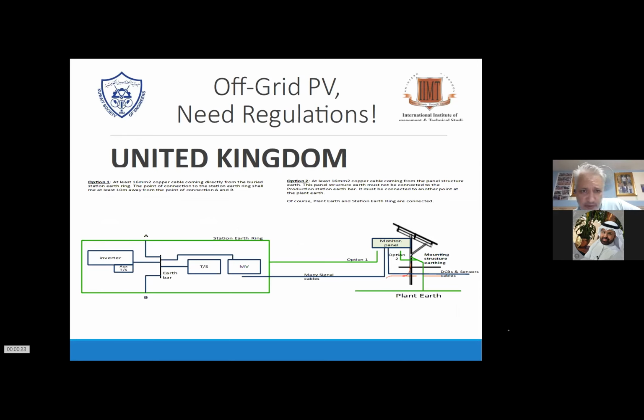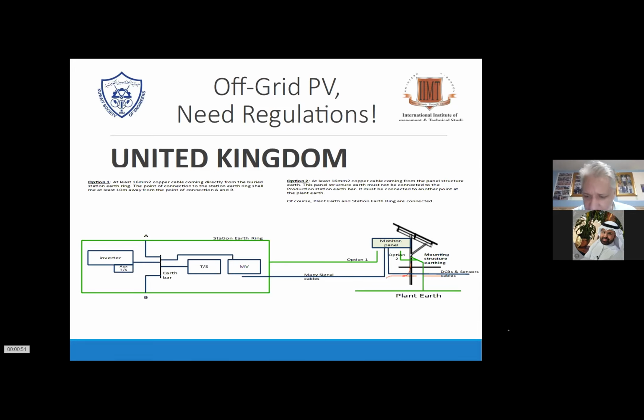That's, for example, like I told you in the UK, you use at the tables like a 16 millimeter copper cable from dish to dish. So from array to array to the monitoring, where you have mostly DC surge arresters, and then you have the inverter or the medium voltage, just to show you the interconnection of these earth bars.